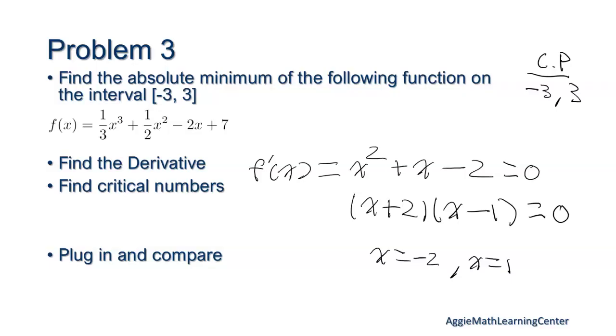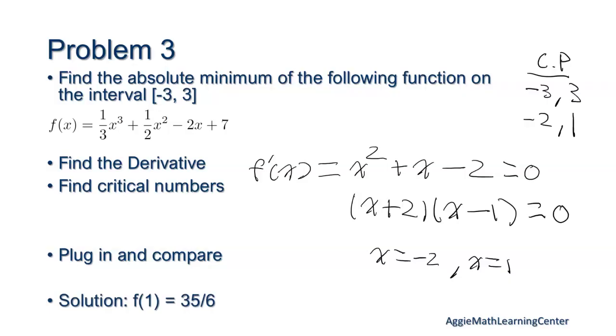Okay, so we have 4 critical points. And we're going to plug them all into the original and see which one yields the lowest value, which hopefully it tells us. Okay, so hopefully we can all do that on the CBE, plug them into the calculator.